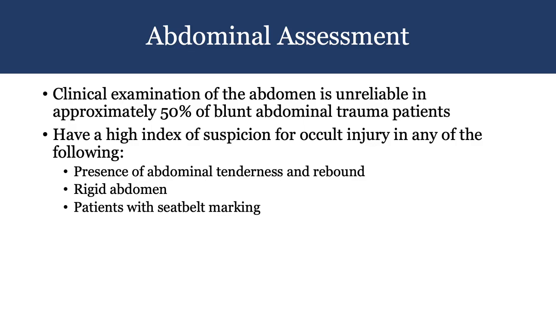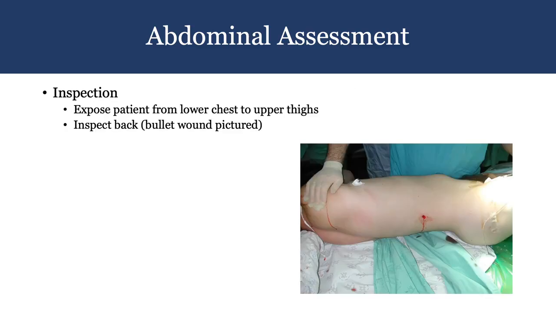For example, if there is abdominal tenderness or rebound tenderness, if the patient's abdomen is rigid, or if the patient has a seatbelt marking, always have a high index of suspicion that you missed an injury. When you inspect the abdomen, expose the patient from the lower chest to the upper thighs. Always inspect the back, especially where you have missile injuries or gunshot wounds. Inspect the back for entry and exit wounds.